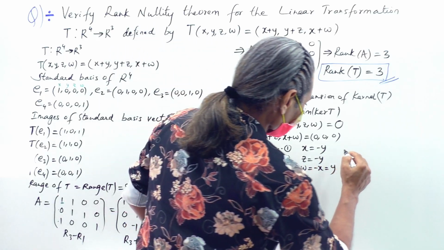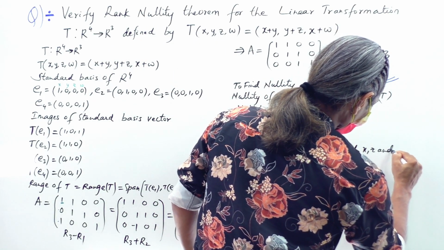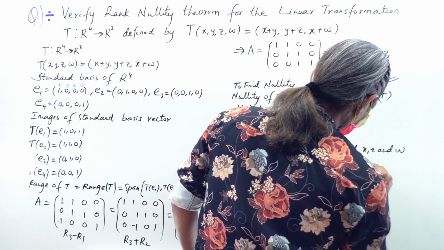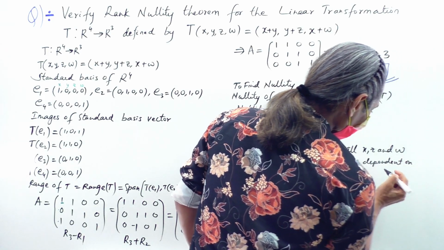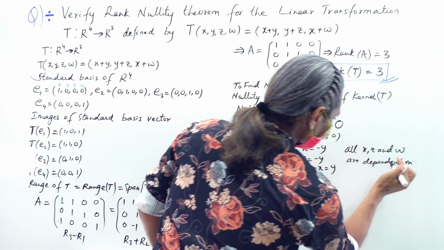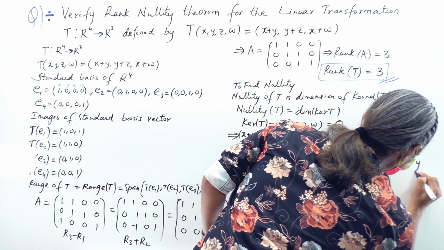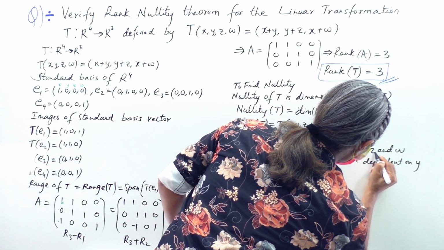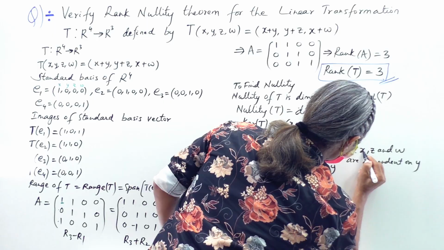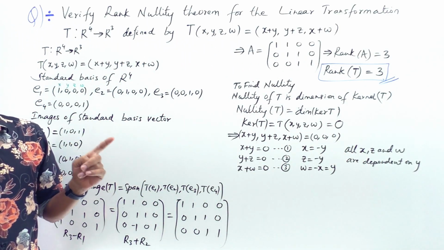Therefore, you can write all x, z, and w are dependent on y. Important thing here: all of x, z, w are dependent on y.